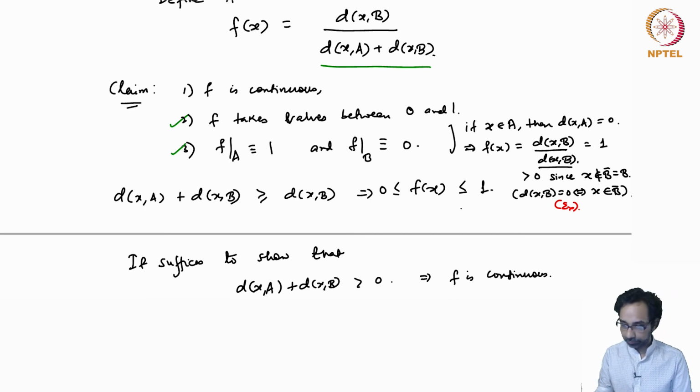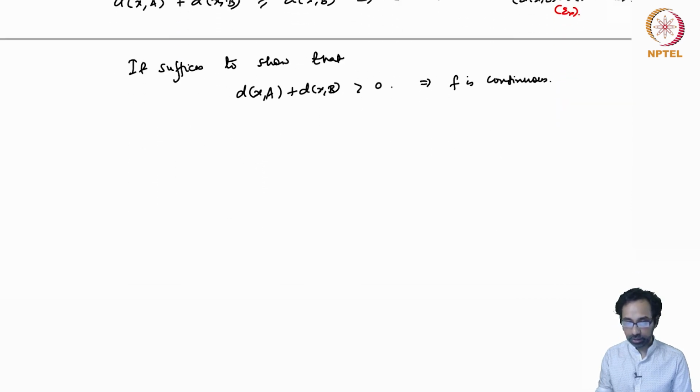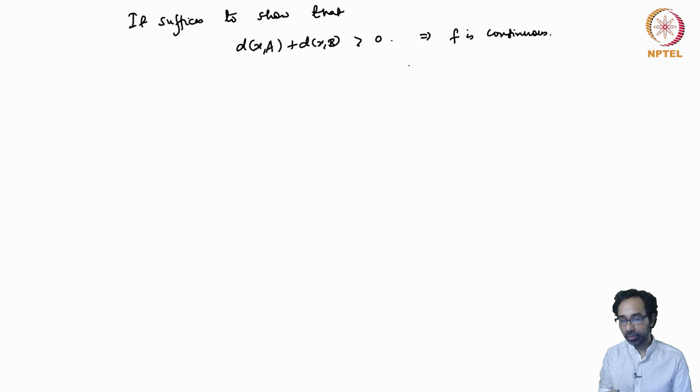So similarly, if x belongs to B, then the numerator vanishes, and so f restricted to B is going to be 0. So we have this third condition as well. The only thing that needs to be shown is that f is continuous, and for this it suffices to show that the denominator is strictly positive, and this is again the same argument.